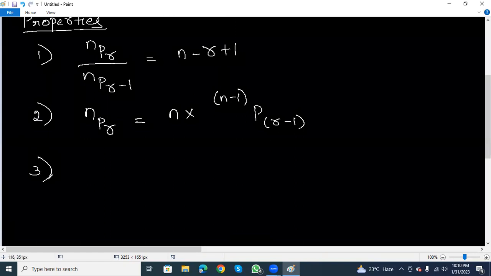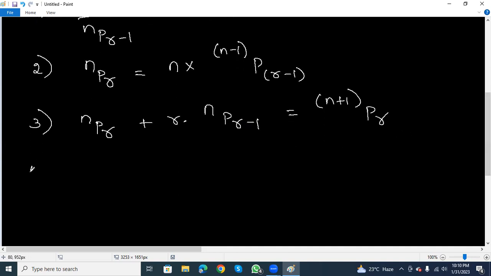Third one, very important: nPr plus r into nP(r minus 1) is equal to (n plus 1)Pr. Here r and r minus 1 are consecutive numbers. Then (n plus 1)Pr.